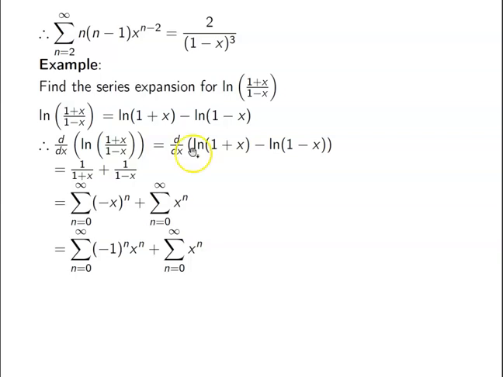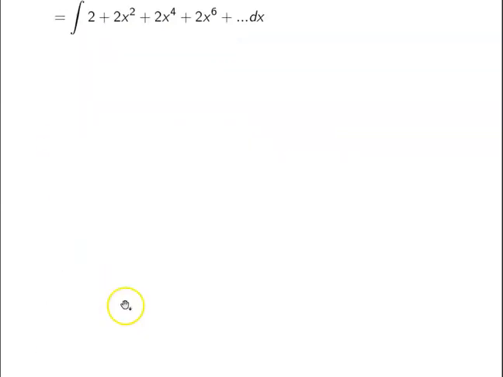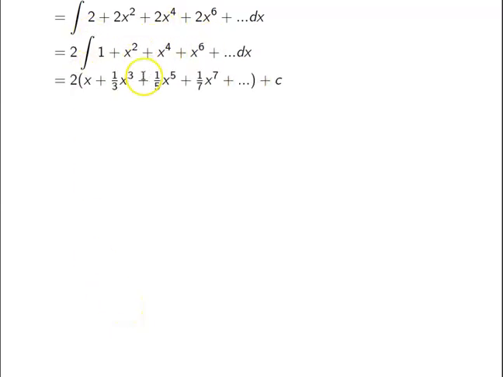So just to recap, I took my natural log, I split it using the properties of logs. I differentiated because that got me to a form that I can work with. Once I had the general form of those forms, I had to go back to my original function by integrating. So before I integrated, I combined everything term by term, and then I integrated everything, and then I found the general term.